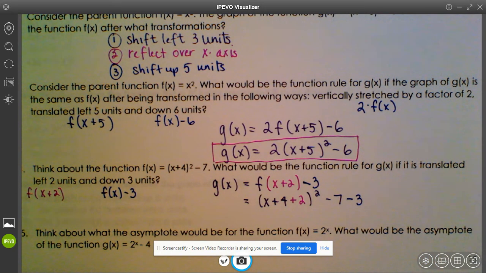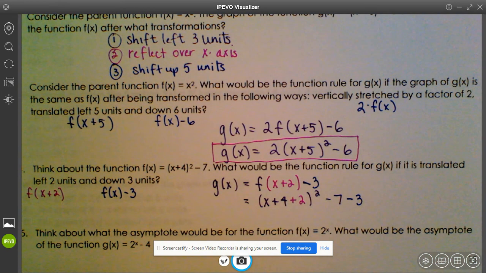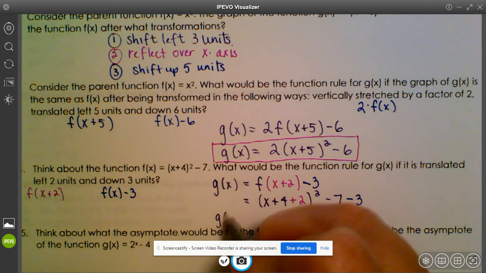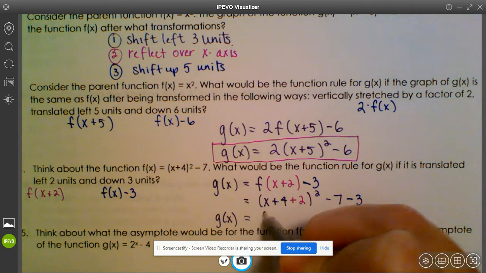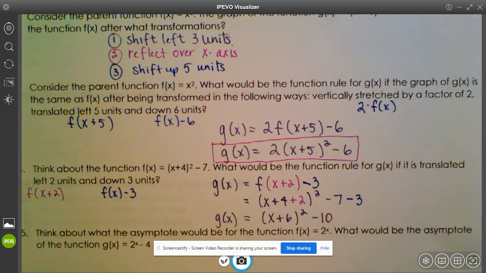Okay. So the minus 3 is the downward shift. The x plus 2 is what translates to the left. Okay. So our final answer will be (x plus 6) squared minus 10.